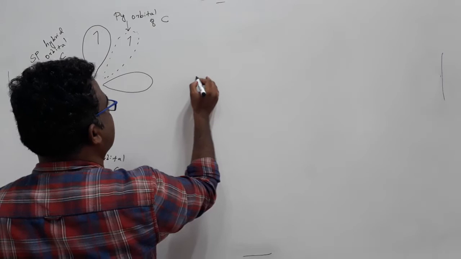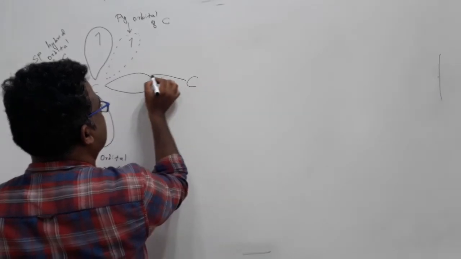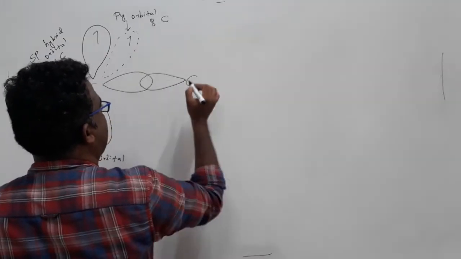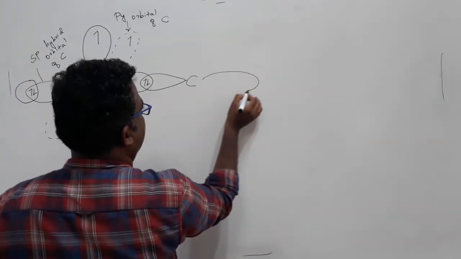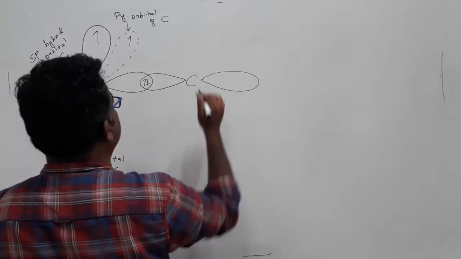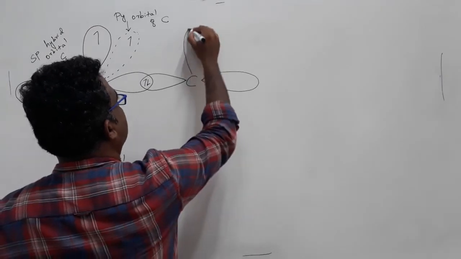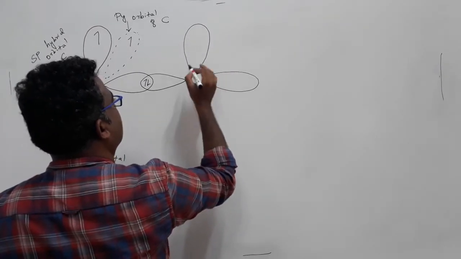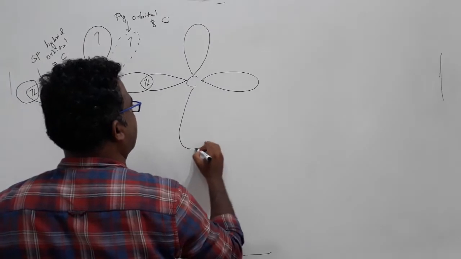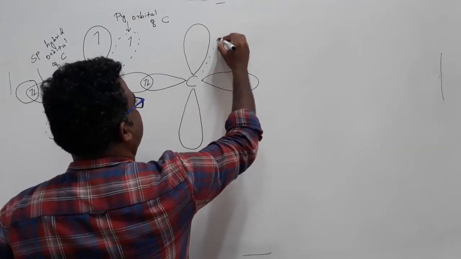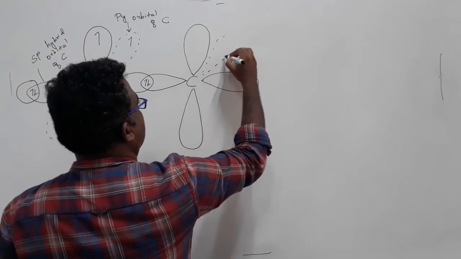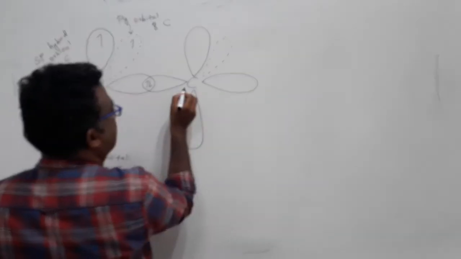Now it overlaps with another carbon having an sp hybrid orbital, and you have two p orbitals which are mutually perpendicular to the sp hybrid orbital.